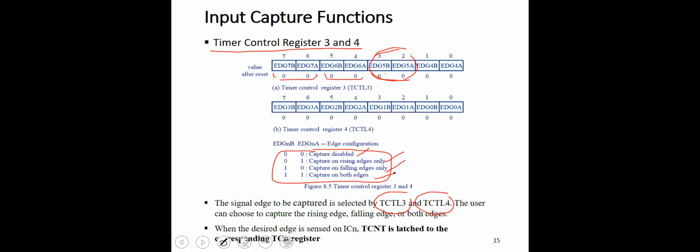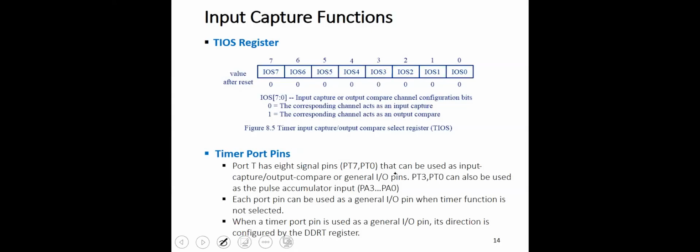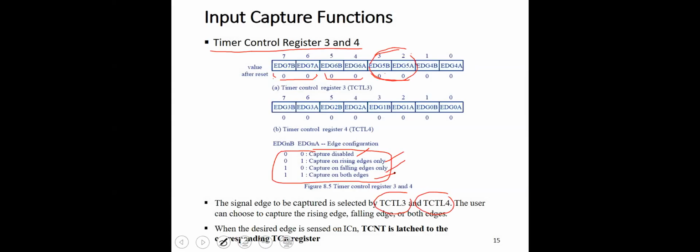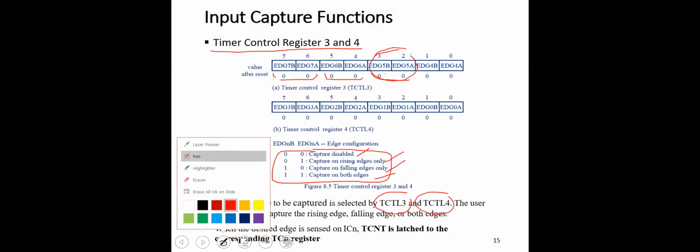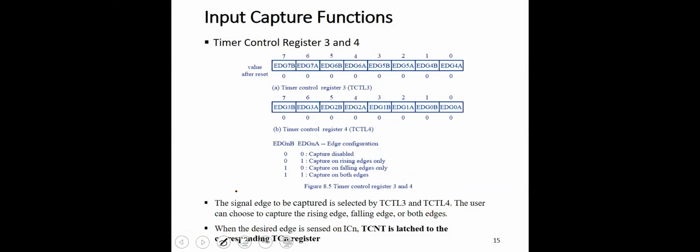So the TIOS register decides whether the channel is input capture or output compare. And these 2 registers contain 16 bits. Each pair of these bits specifies what event triggers the capture operation, whether it is a rising edge, falling edge, or both.